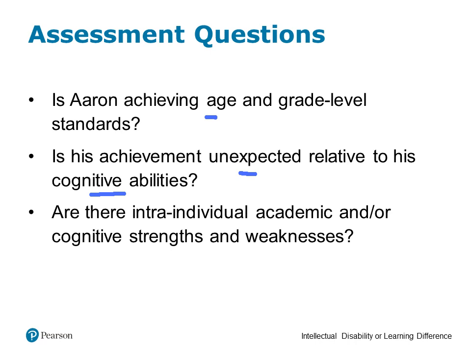If he is achieving below expected levels, might it be because of a global deficit in cognitive abilities? And you answer that question, and then maybe you notice that there is not this consistent pattern of below expected level achievement, but there might be some relative strengths and some relative weaknesses in terms of academic skills as well as in terms of cognitive skills.